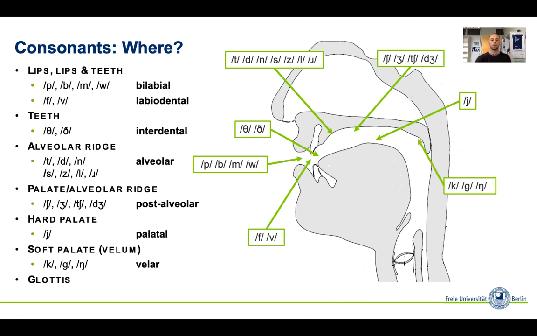And lastly, we can also produce consonants by means of the glottis. Those are the sounds h and the glottal stop.